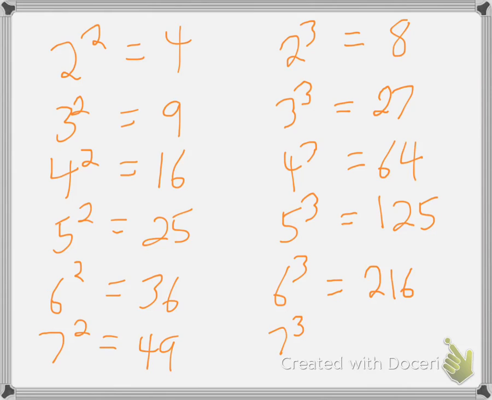All right. Do we see why we don't want to use big numbers when we deal with cubics? Because if you cube something, 7 cubed, I don't know that one off the top of my head. 7 to the third power gives us 343. So, as we can see, they're going to get really big really fast when we start cubing things.